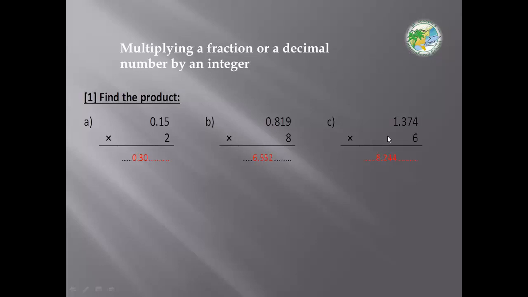C, 1.374 times 6. The first step, ignore the decimal point.